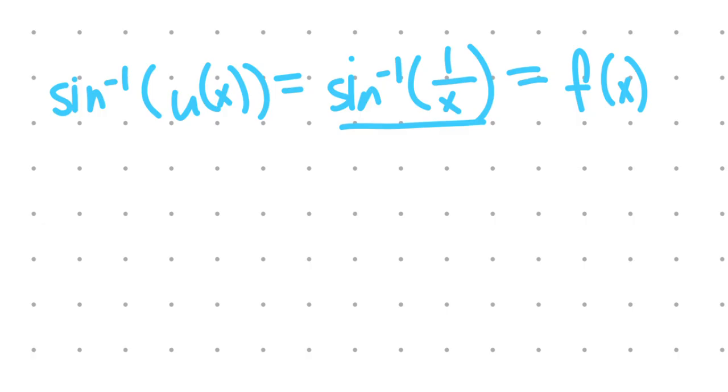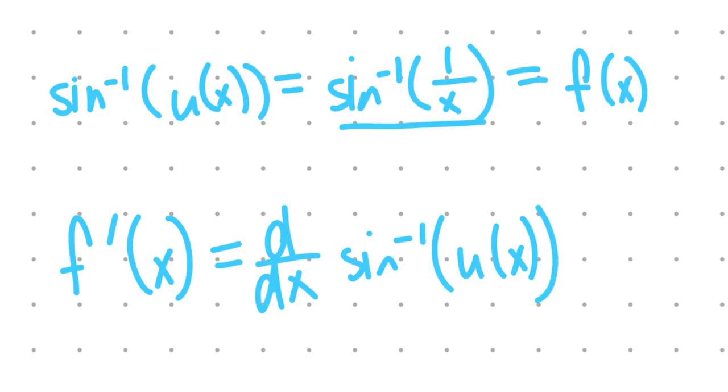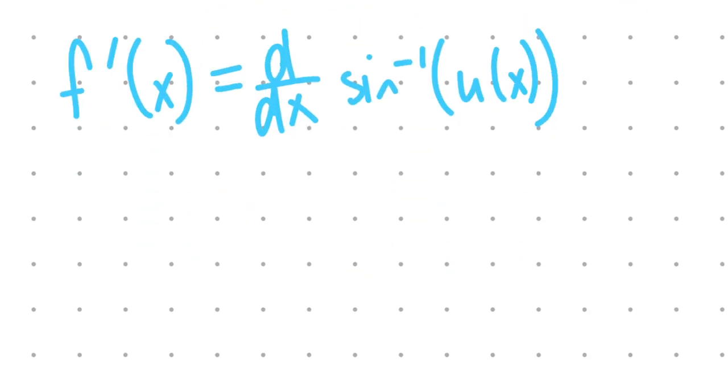Now what we're going to do is use the chain rule and differentiate on both sides, giving us that f prime of x is equal to the derivative of our inverse sine function of u of x. Very simple. We are just going to take the inverse sine derivative and multiply by u prime of x. So what is the derivative of inverse sine of x?